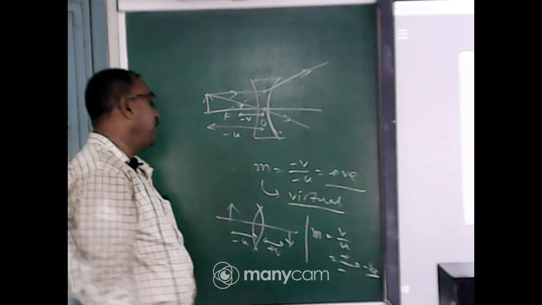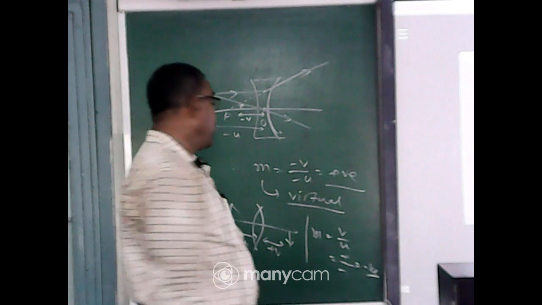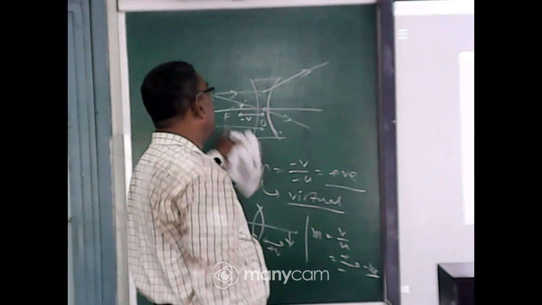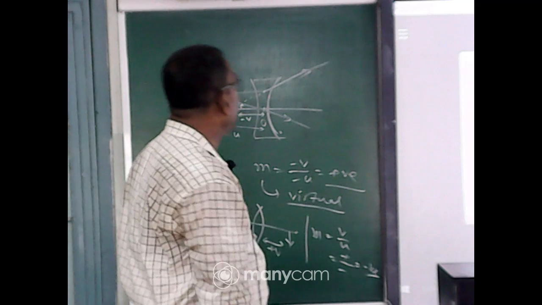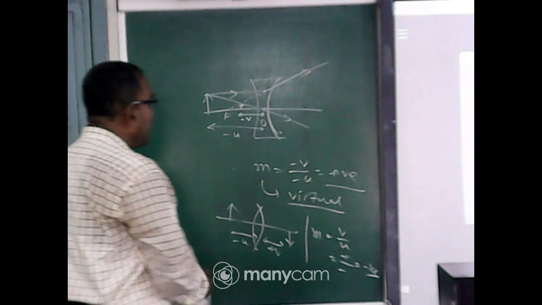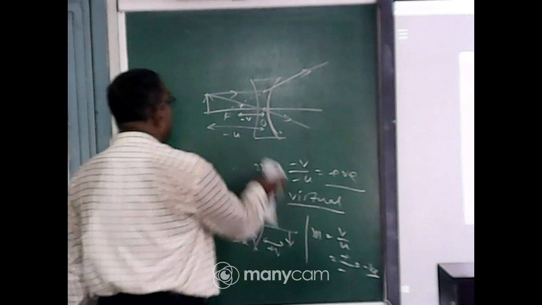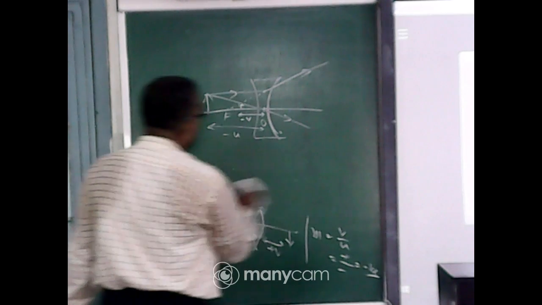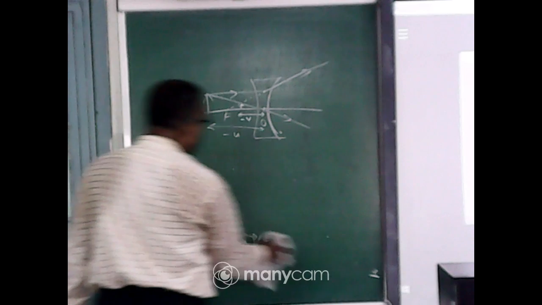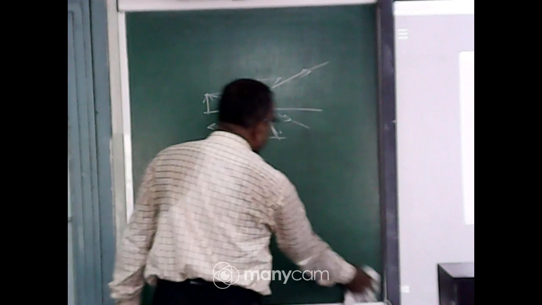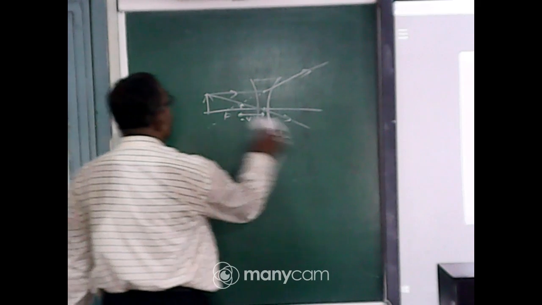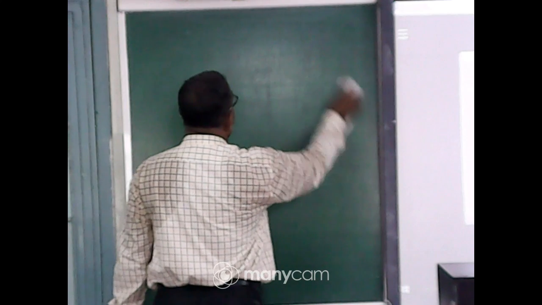So for the real image, it will be negative. For the virtual image, it will be positive. So you must be sincere about the sign convention for the lens and the sign convention for the mirror, because when you complete your numericals, you see mirror and lens combination numericals may be in your competitive exam.